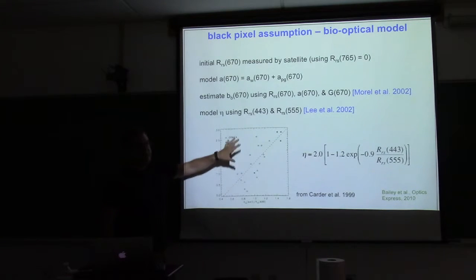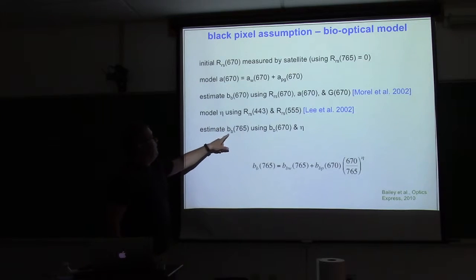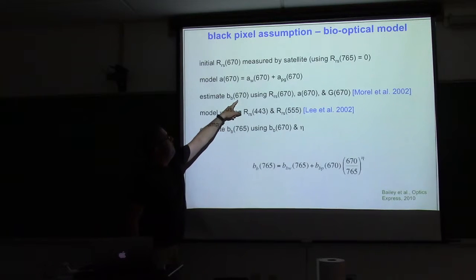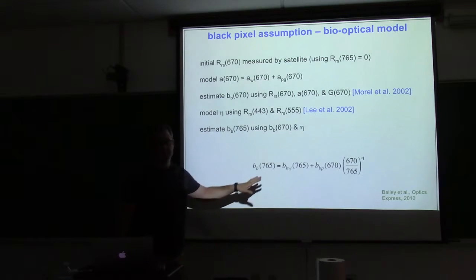And you can see a fair amount of scatter here. So again, improved measurements from folks like yourselves will improve our ability to do this. Now that we have backscattering spectral slope, we can estimate backscattering at 765 from backscattering at 667, following this expression, which you have also seen before.